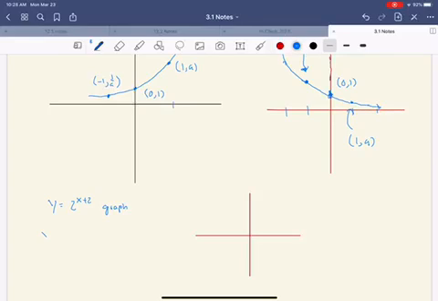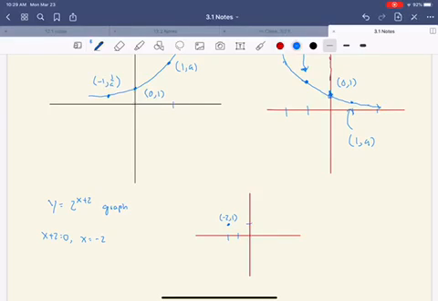Now, what makes x plus 2 equal 0? X equals negative 2. So, that means at negative 2, we're going to have the point negative 2, comma 1. Because remember, 2 to the 0 equals 1.